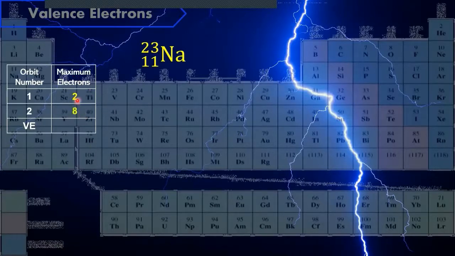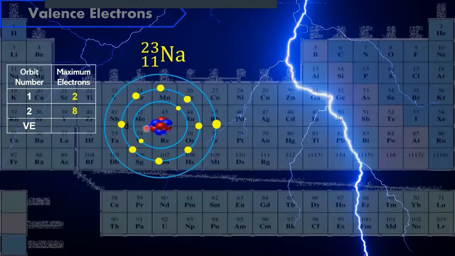That's 8 plus 2 is 10, so we have one last electron in the third shell. So 2 electrons, 8 electrons, and the value of valence electrons is 1. Only 1 electron on the third shell.